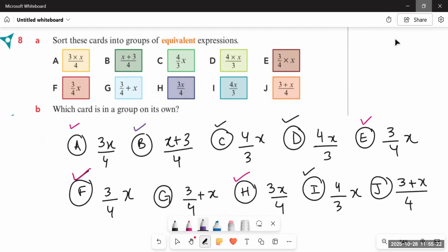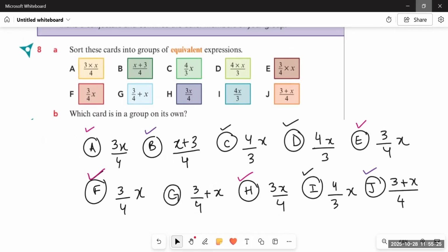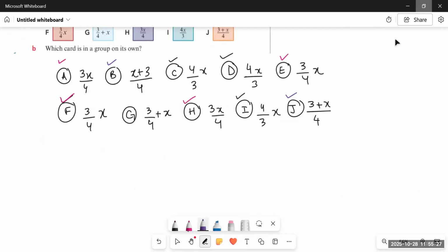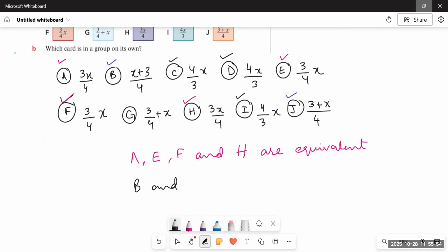So we can say that, let's write it down, A, E, F, and H are equivalent, then B and J, and then C, D, and I are the same.